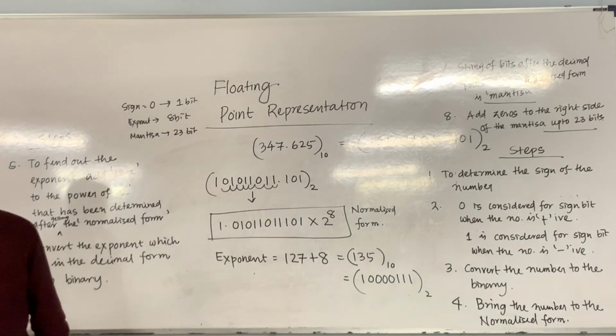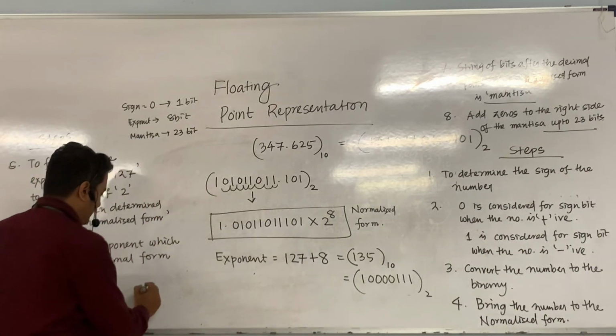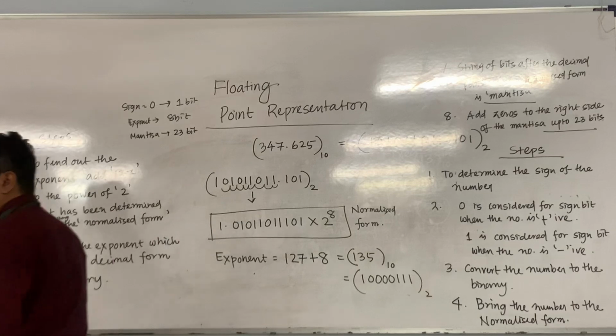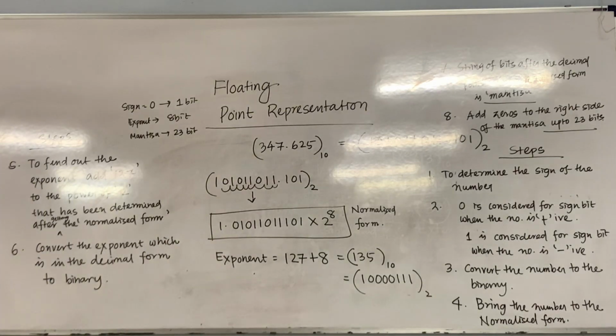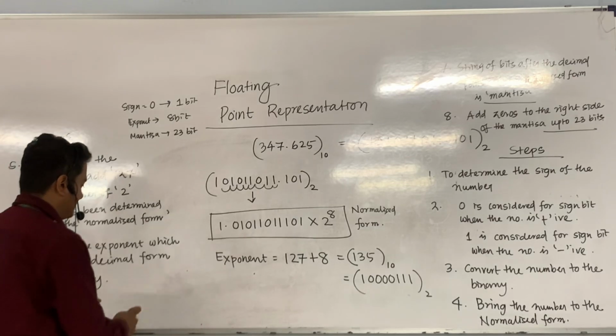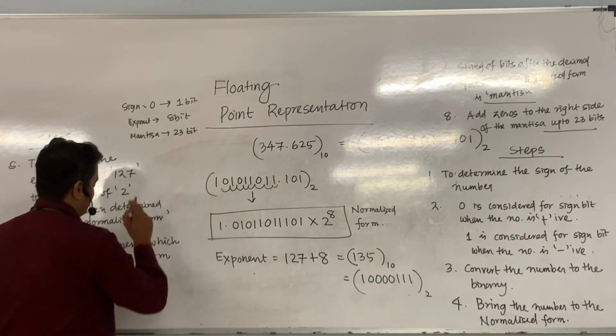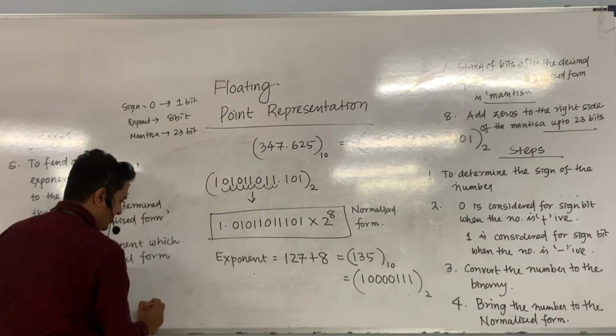The sign bit is 1 bit. Let me write in red so that it is prominently visible. The sign bit is 0 because it is a positive number.